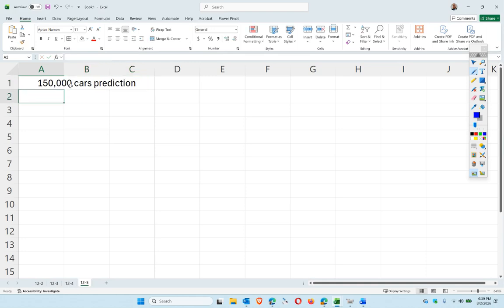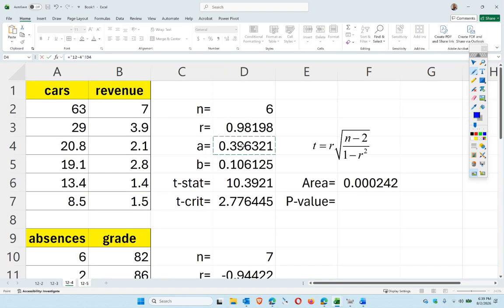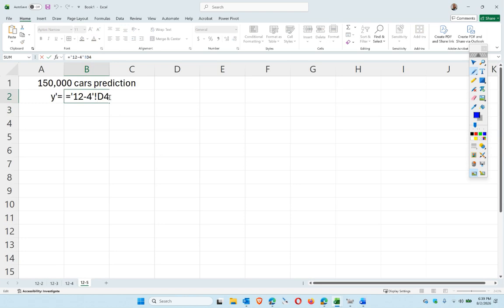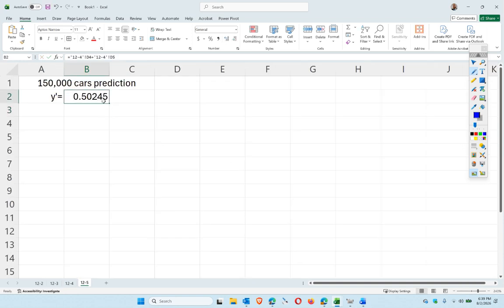Y hat equals, we'll shove that to the right. We'll go back to the prediction model here. So A plus B times 15. That's one way to do it.